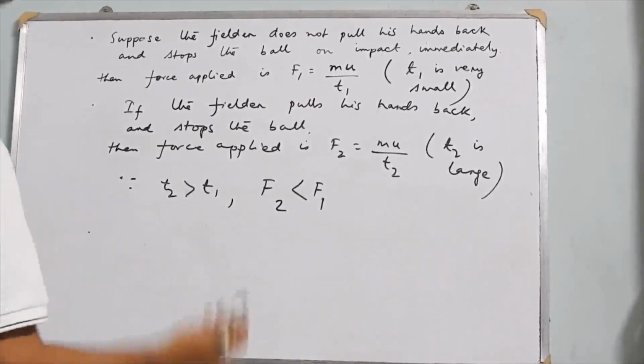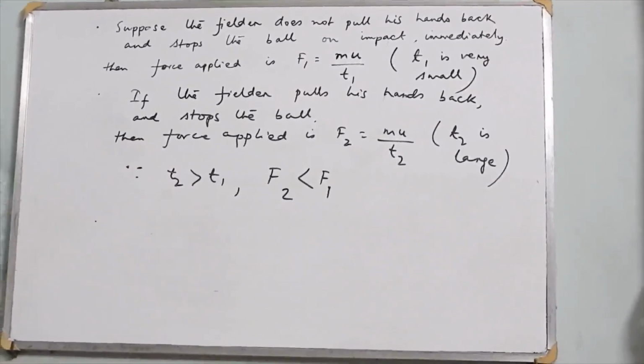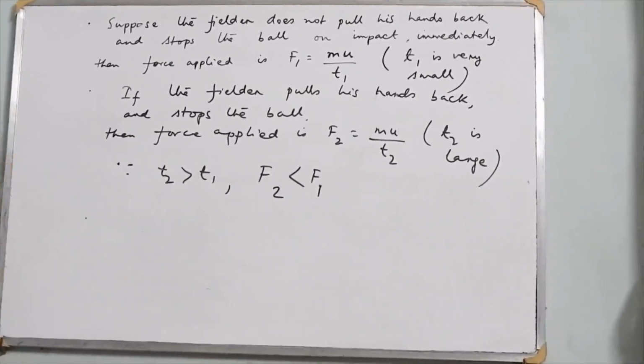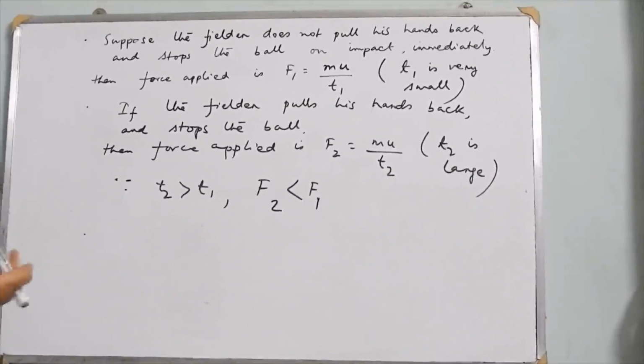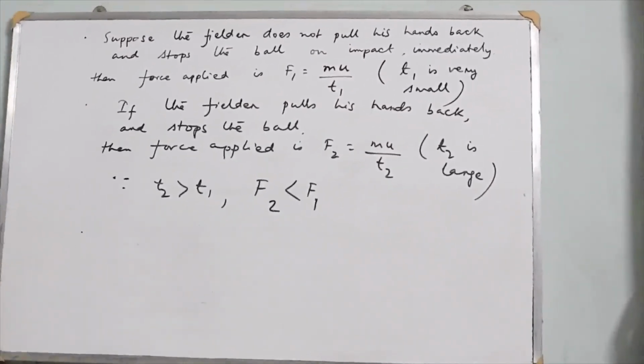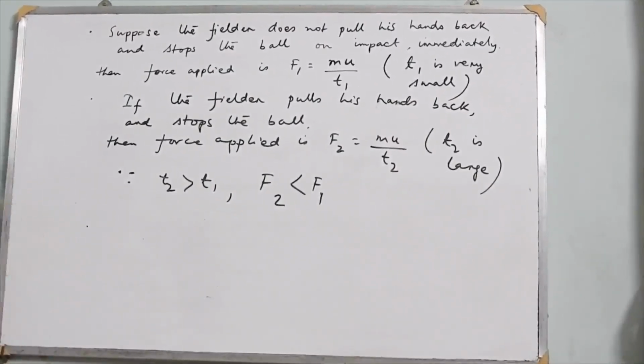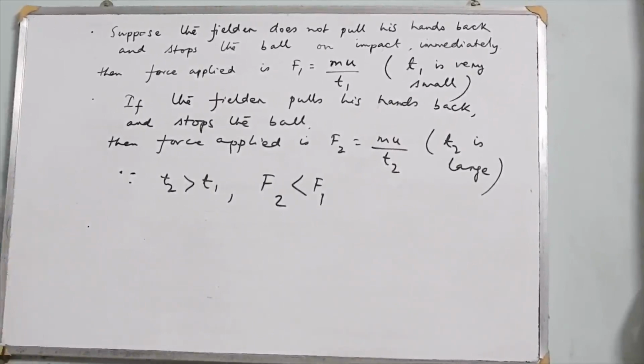So you can also see such examples in daily life. For example, glass vessels, if they fall on a hard floor, they will definitely break, because when they fall on the hard floor, the time of impact is so small that a considerably large force is exerted by the ground on the glass vessel, and it automatically breaks.